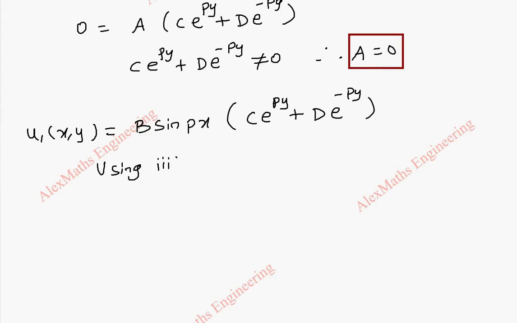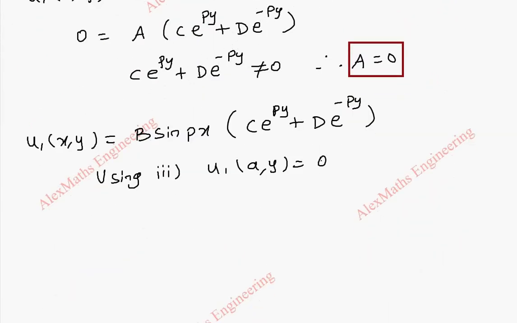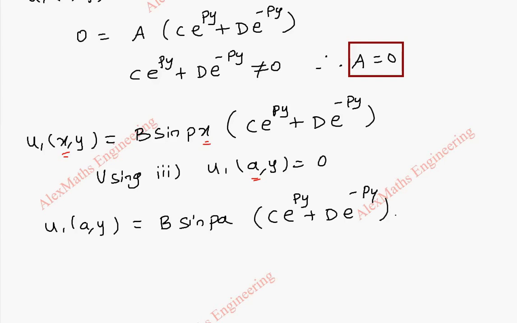Using the third condition, which is u1 of a comma y. So u1 of a comma y is 0. Wherever x is there, I have to substitute a. So u1 of a comma y is b sin pa into (c e power py plus d e power minus py), and this is 0 anyway. So 0 equal to b sin pa (c e power py plus d e power minus py).